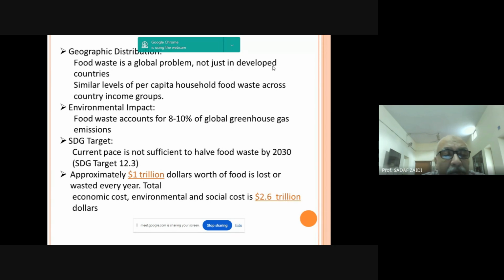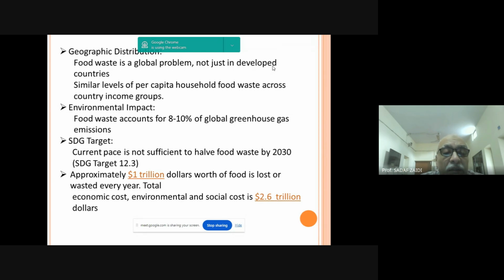So for that, they set up 17 targets, known as the Sustainable Development Goals, and they set 2030 as the date for achieving these targets. In this, you've got goal number 12 and target number 3. Basically, it says that we have to halve the food waste by 2030. That is what it says, the Sustainable Development Target 12.3.